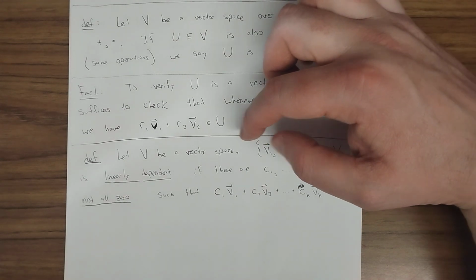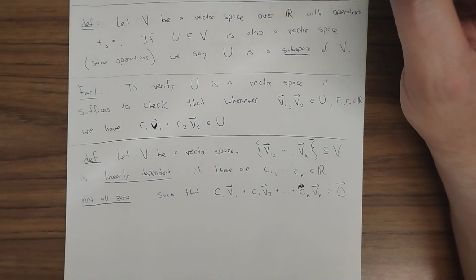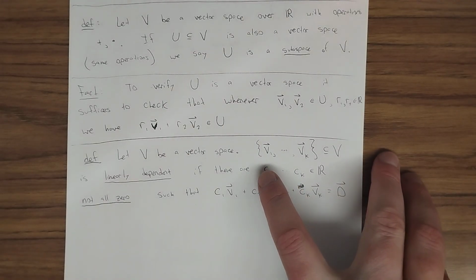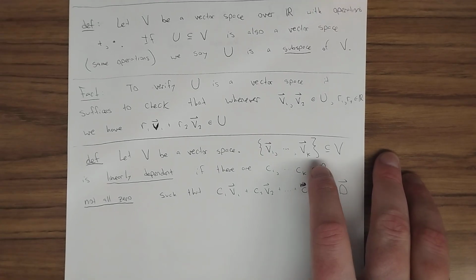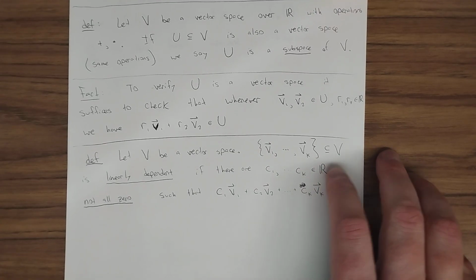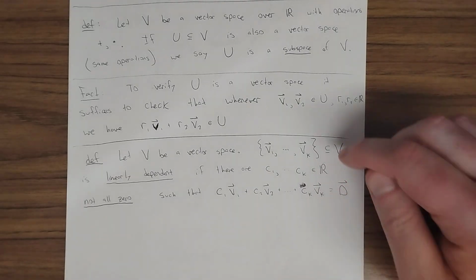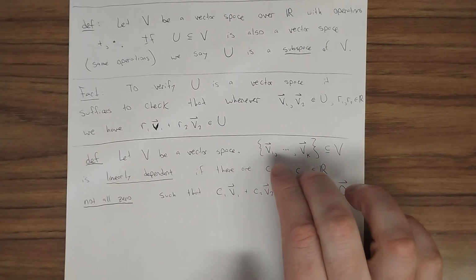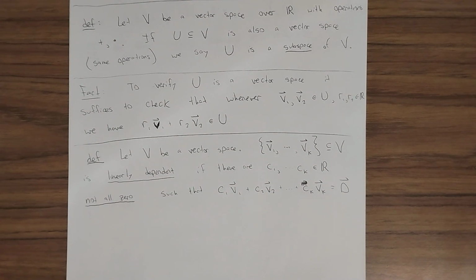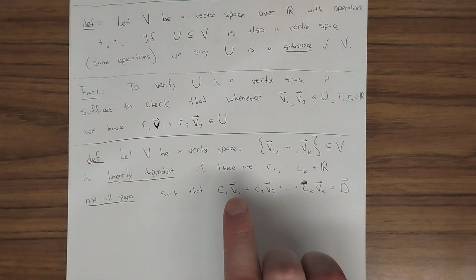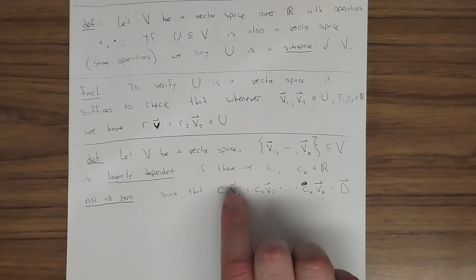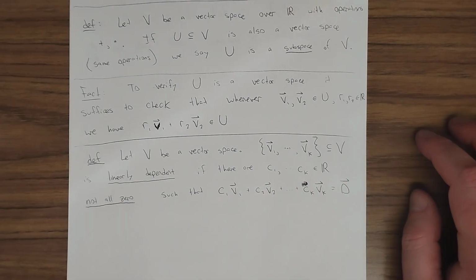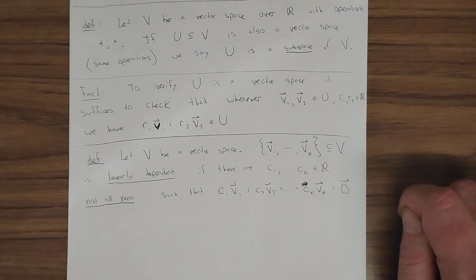I say that this set is linearly dependent if I can find k scalars, c1 through ck, so these are in R, or if we were doing a vector space over the complex numbers, it would be in C. These scalars should not all be 0. Some of them can be 0, as long as they're not all 0. Such that if I take this combination, so c1v1, c2v2, all the way up to ckvk, that's the 0 vector.